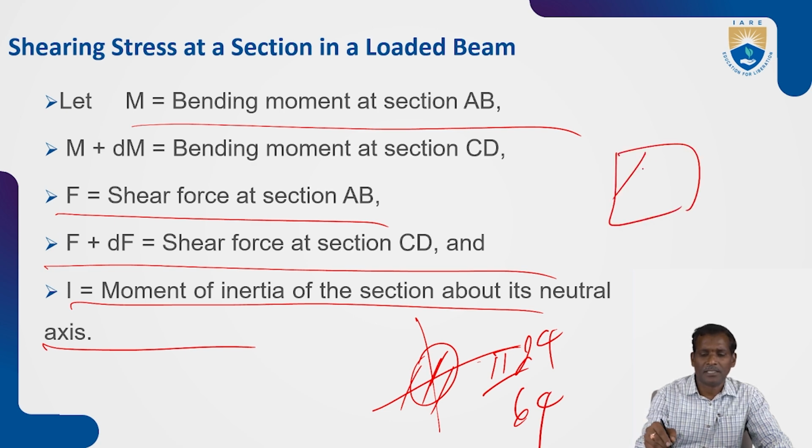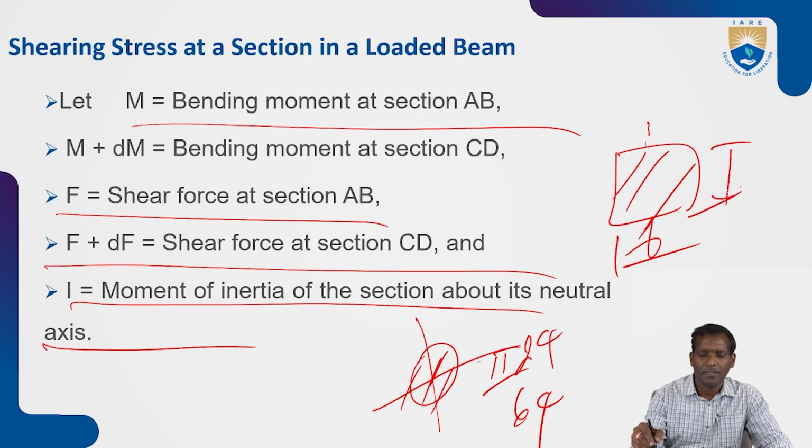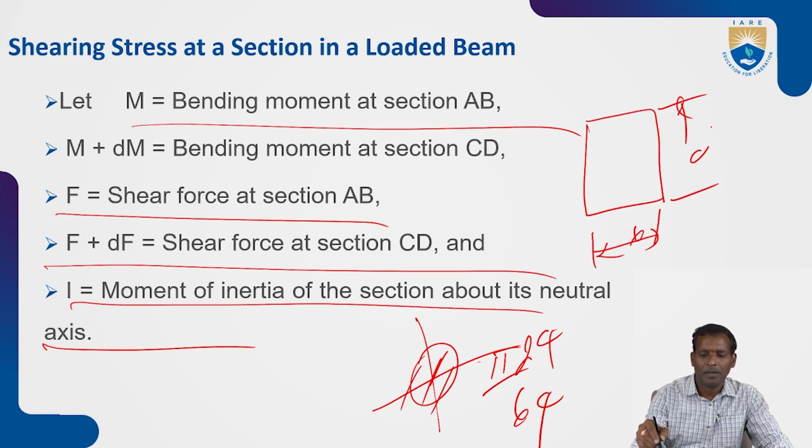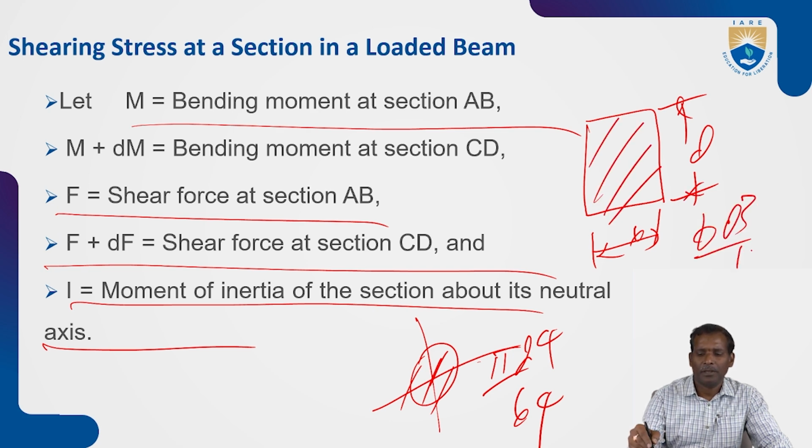Similarly, for a rectangular section with dimensions B and D, it is B D cubed by 12.